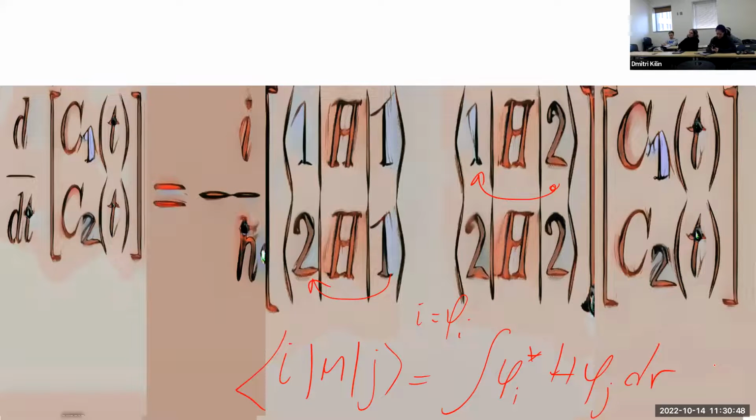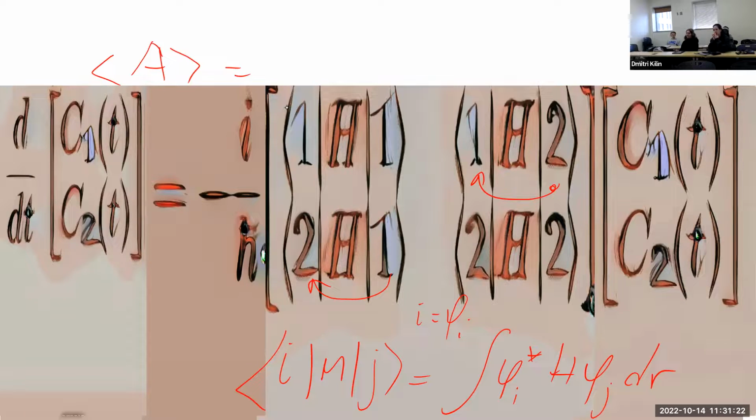Matrix elements are needed for the time-dependent Schrodinger equation in matrix form, and also, as we remember from your presentations on the postulates of quantum mechanics, to find the outcome of a measurement, the expectation value of an observable.